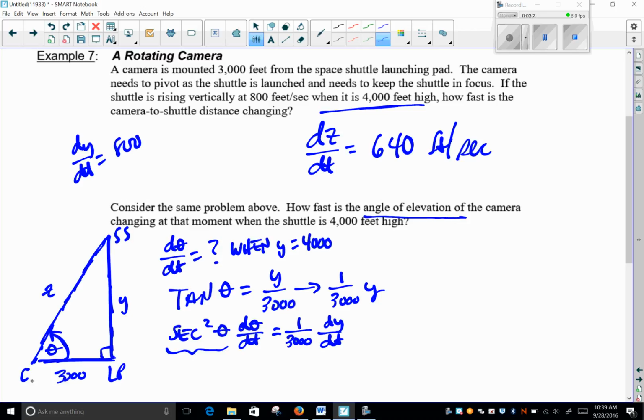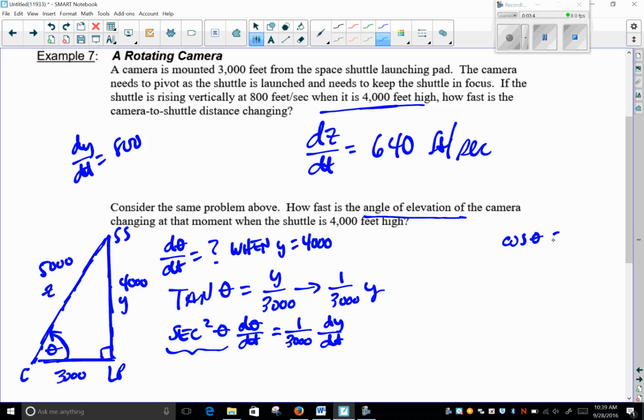So I come over here to my figure, there's my angle. The cosine is adjacent over hypotenuse. All right, remember a while ago, we were talking about when y is 4,000, then z was 5,000. So the cosine here is 3,000 over 5,000, and I'm going to do that off to the side.